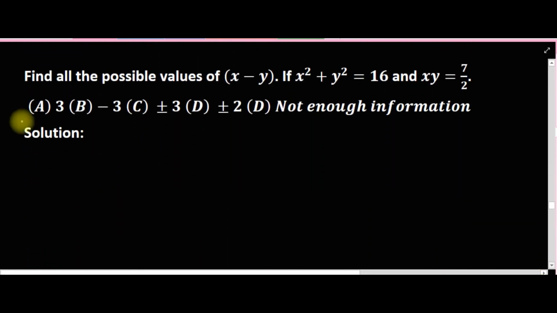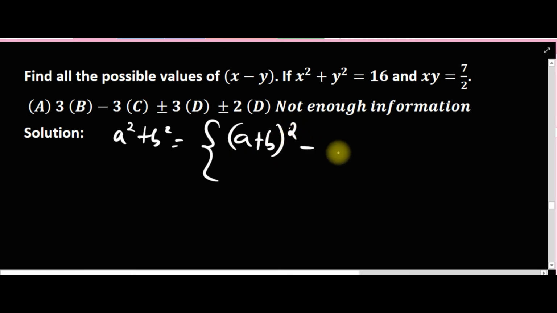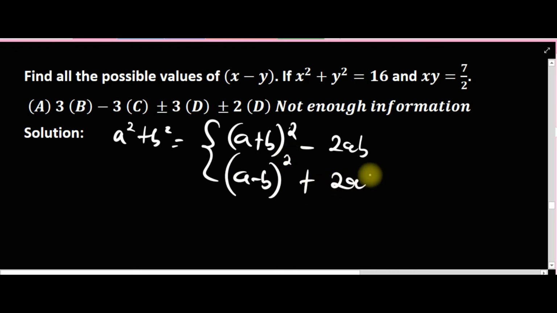They said find all the possible values of this if that is 16 and that is that. So remember, from identity, I told you a squared plus b squared has two formulas, either a plus b all squared minus 2ab, or a minus b squared plus 2ab. So anyone will serve. So I have x minus y here. Find all the possible values. So I will use the second one.